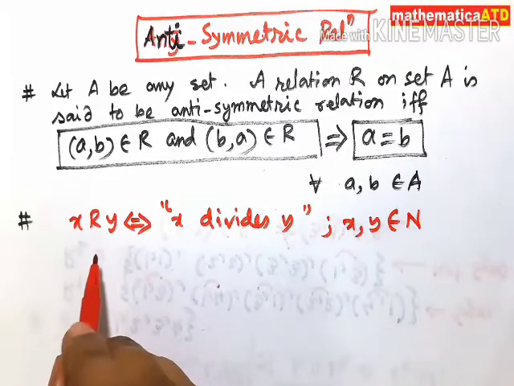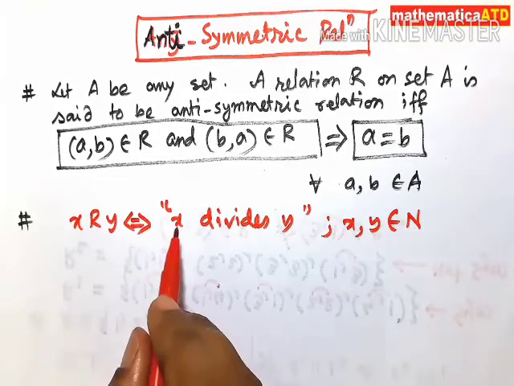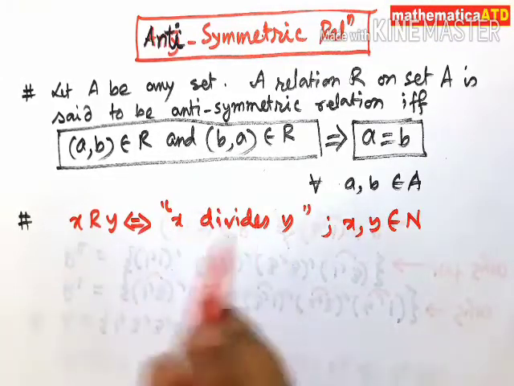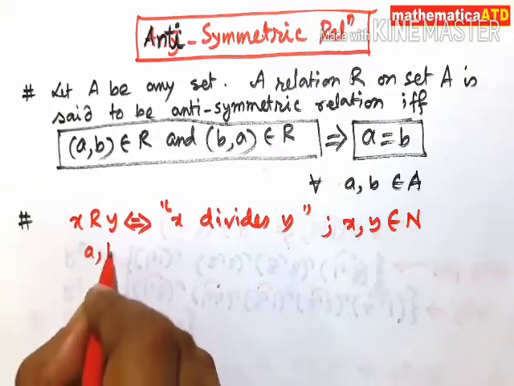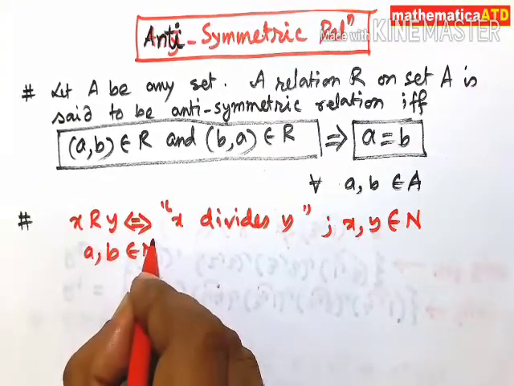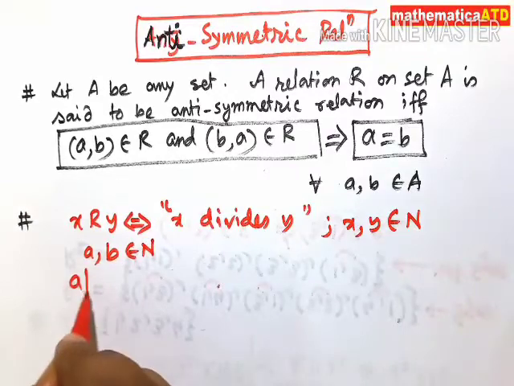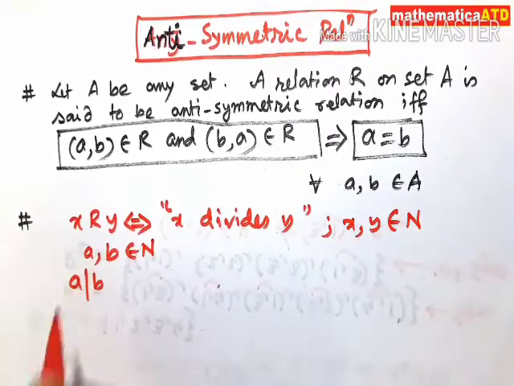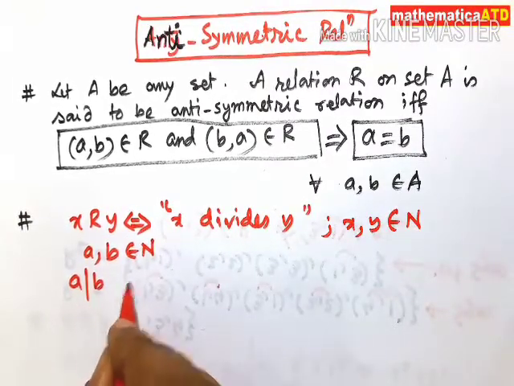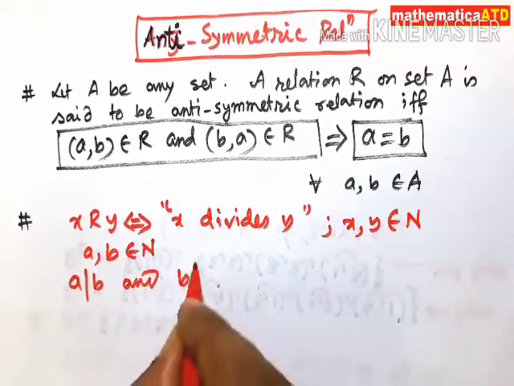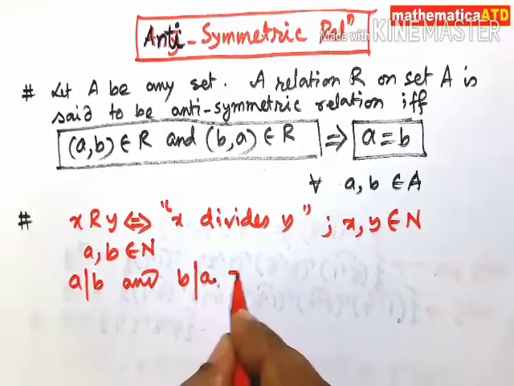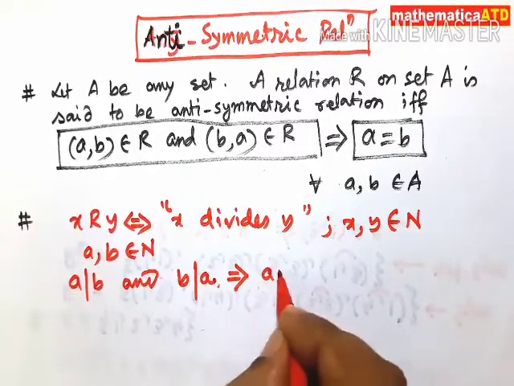This relation is an antisymmetric relation on N, since for any two numbers a, b belonging to N, a divides b and b divides a obviously implies that a is equal to b.